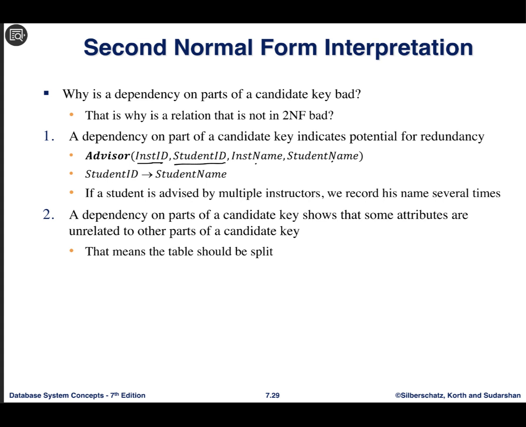If we assume that a student may be advised by multiple instructors, we're going to record the student ID or name many times. So what's the problem here? This is the key, instructor ID and student ID, but the instructor name depends on the instructor ID, and the student name only depends on the student ID, which is a partial dependency. A non-prime attribute depends only on part of the key.